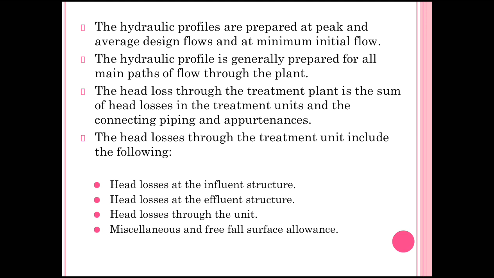Second, the hydraulic profile is generally prepared for all main paths of flow through the plant. Third, the head loss through the treatment plant is the sum of head losses in the treatment units and the connecting piping.